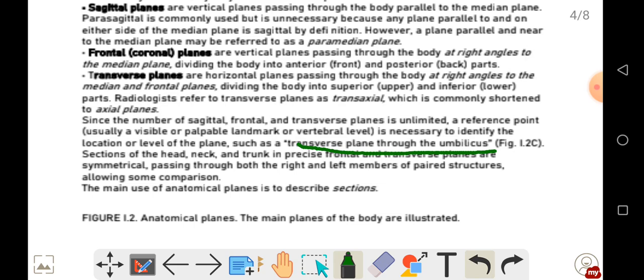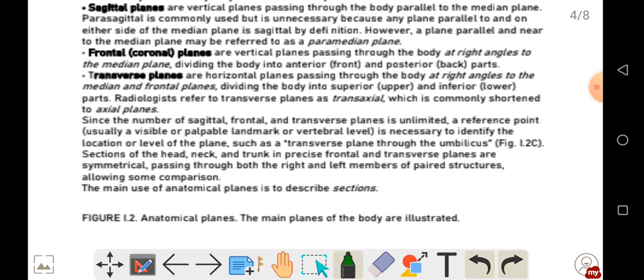Sections of the head, neck, and trunk in precise frontal and transverse planes are symmetrical, passing through both right and left members of paired structures for comparison. The main use of anatomical planes is to describe sections. So that is the use of anatomical planes.